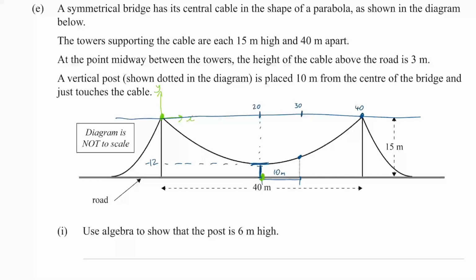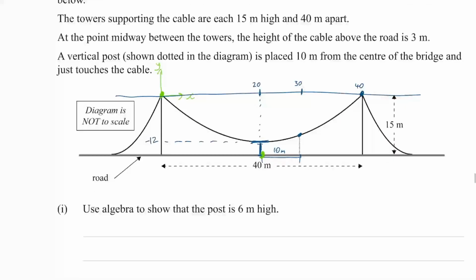So to start, we'll want to find the equation of the parabola, this parabola here. We know the x-intercepts. One is at the origin, so we will use x-intercept form. Just a reminder from the graphs topic, it looks like this, where x1 and x2 are the x values of the x-intercepts.